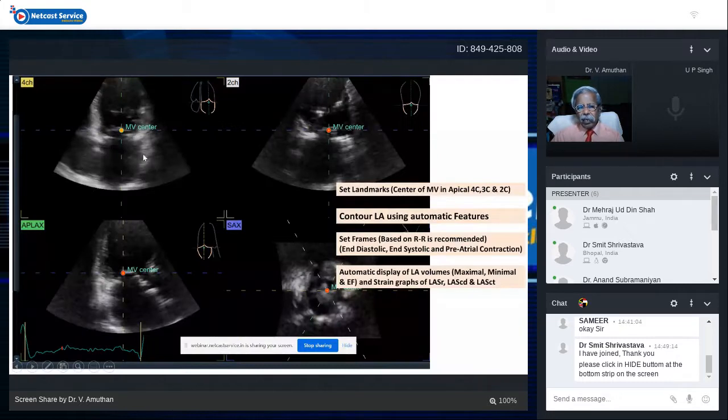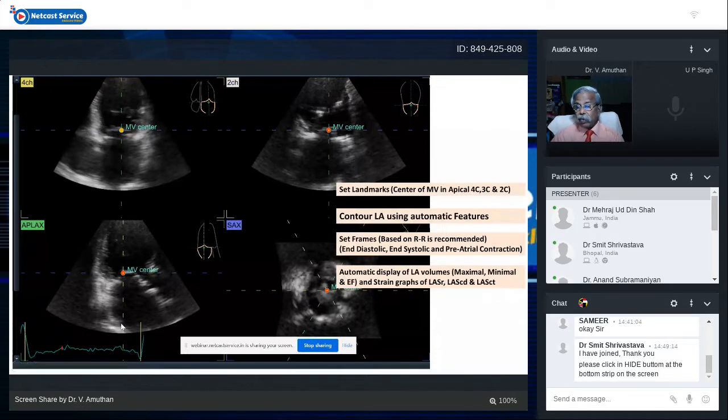And then the calculation is very easy by 3D. You can see the set landmarks. The center of the mitral valve is placed in 4-chamber, apical long axis, as well as 2-chamber. And then you have to select the end diastolic point, the end systole, and then the beginning of the atrial contraction.